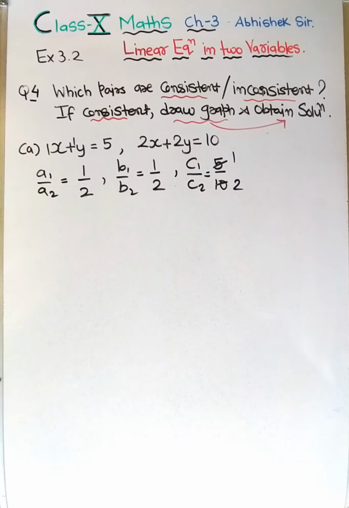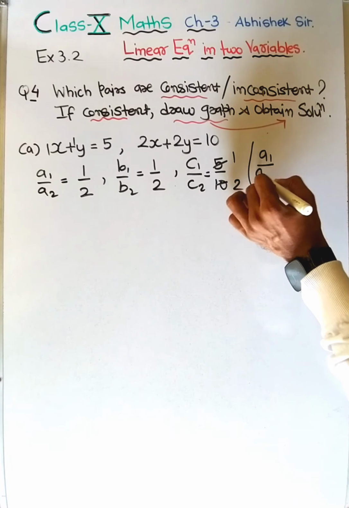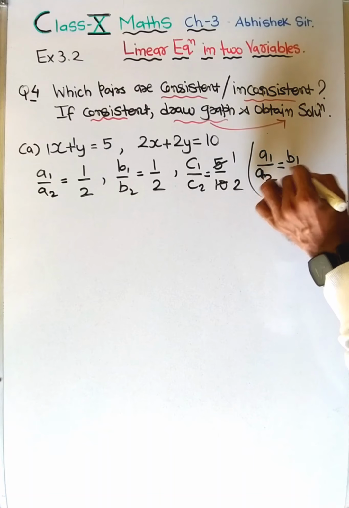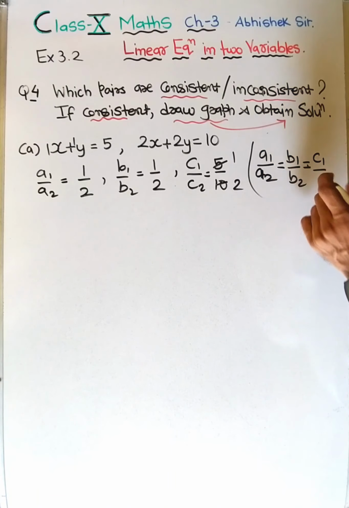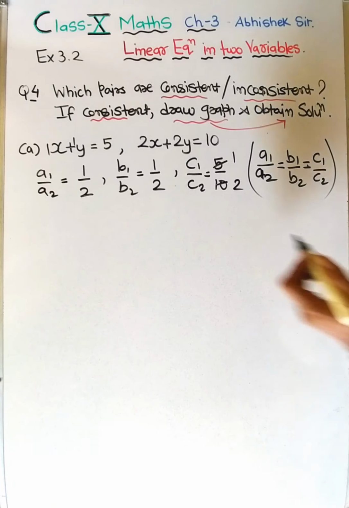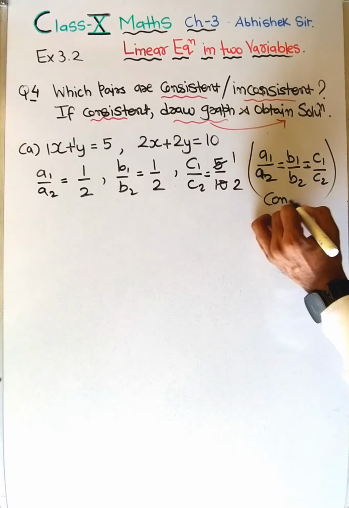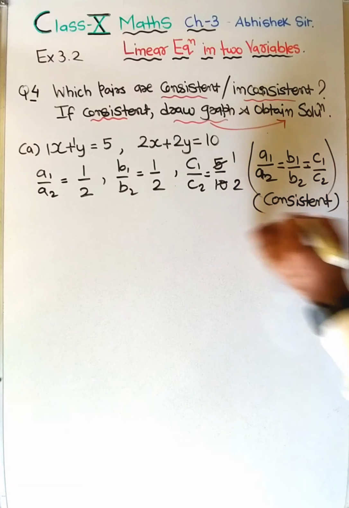So we can say that A1 by A2, B1 by B2, and that is also C1 by C2. That means this pair of equations is coincident, that means consistent, right? So we have to write the answer, that is, they are consistent.